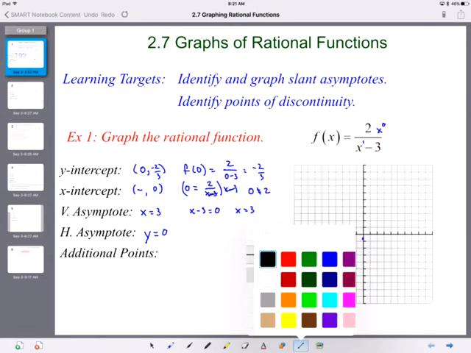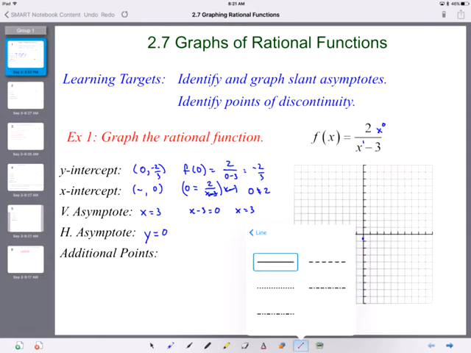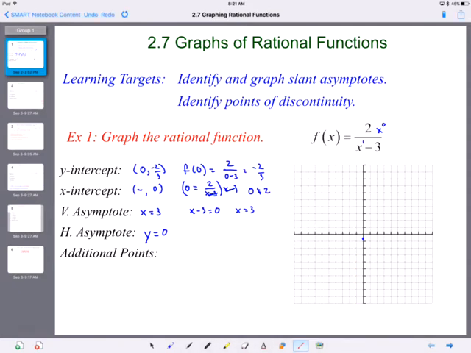I'm going to get my line to be dotted because it's not part of the graph. So at x equals 3, we have a vertical asymptote, and then the horizontal is at y equals 0. So we don't have a lot going on that we can actually graph from. So we know one of the graphs is kind of on the bottom left corner, and the other one's probably on the top right.